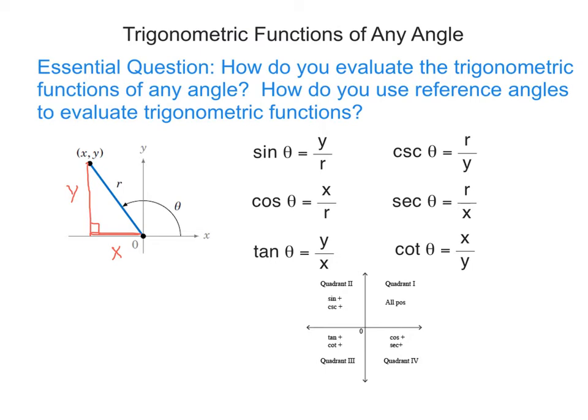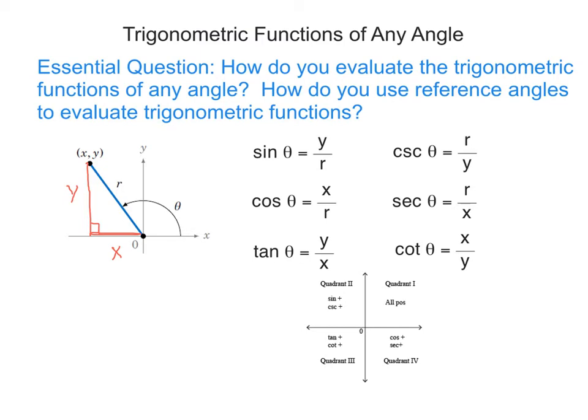Moving to quadrant 3, both x and y are negative. So therefore, tangent and cotangent, which include x and y, negative over negative is always going to be positive. So they are the only two functions that are going to be positive in quadrant 3. Finally, moving to quadrant 4, x is going to be positive, y is going to be negative.